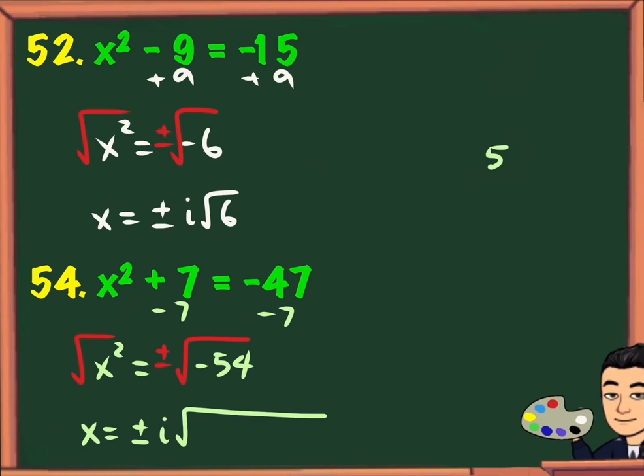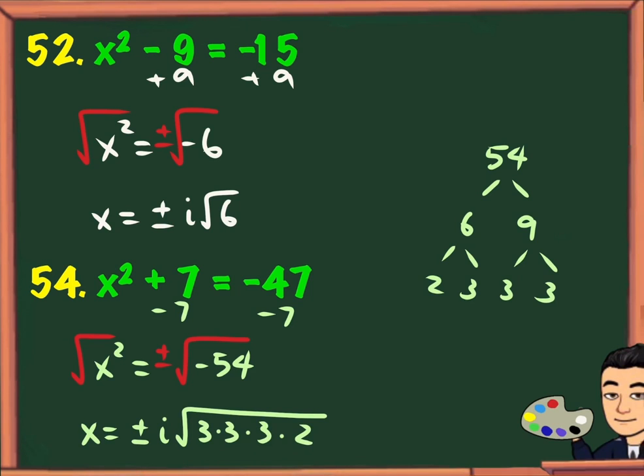So we know that 54 is 6 times 9. 6 is 2 times 3. 9 is 3 times 3. So we can rewrite this as 3 times 3 times 3 times 2. This is a square root, so we're going to underline 2 of the same factors. Circle 1, cancel another one, bring this one out. x is going to equal positive negative 3i square root of 6.